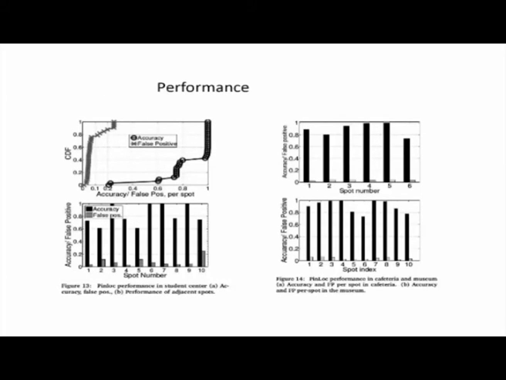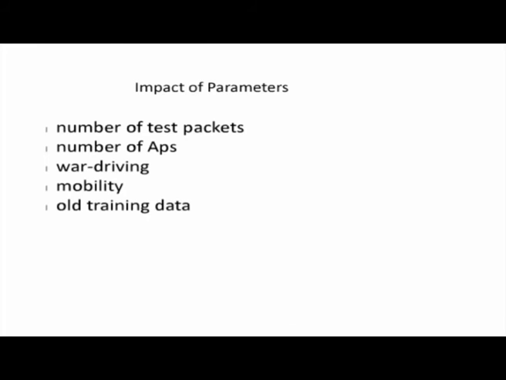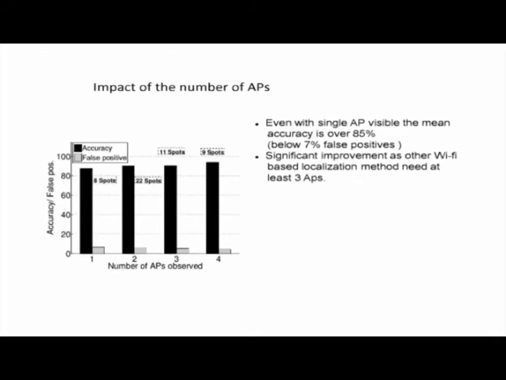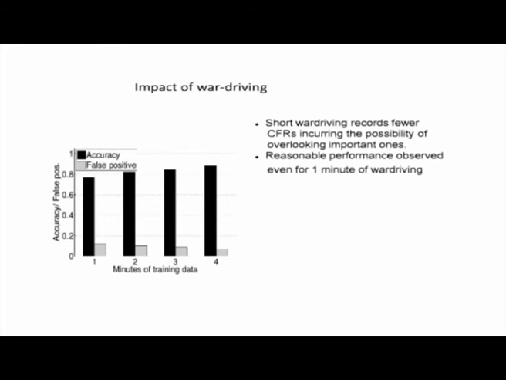They have done a lot of work on test packets, the number of APs, and the impact of war driving. It is a very detailed paper that examines all the parameters, so go through it if you have time. The bottom line is, if you are standing in front of Mona Lisa, with 90% accuracy it will give you the information about Mona Lisa.